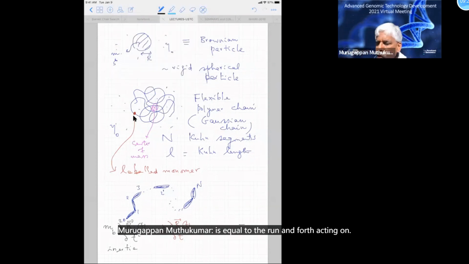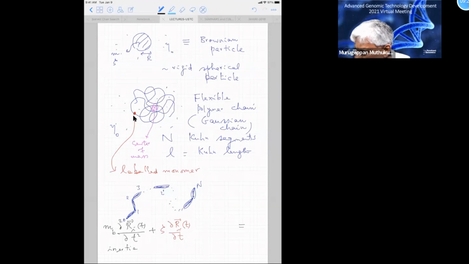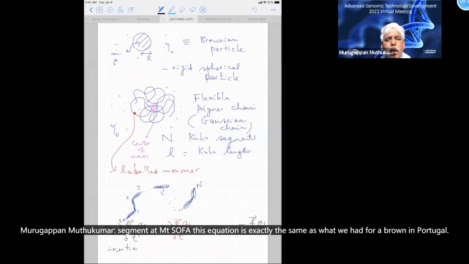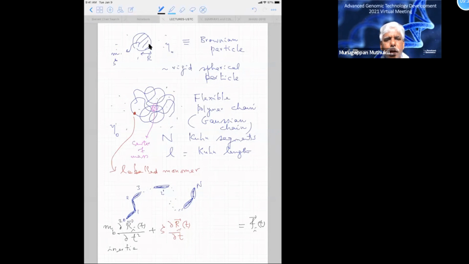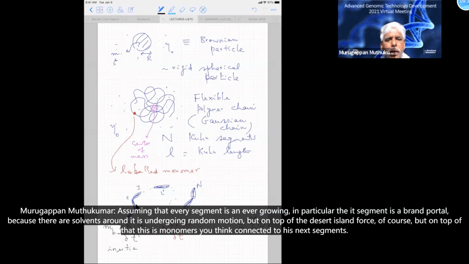the random force acting on the ith segment at time t. So far, this equation is exactly the same as what we had for a Brownian particle, assuming that every segment is another Brownian particle. The ith segment is a Brownian particle because there are solvents around it, it's undergoing random motion.